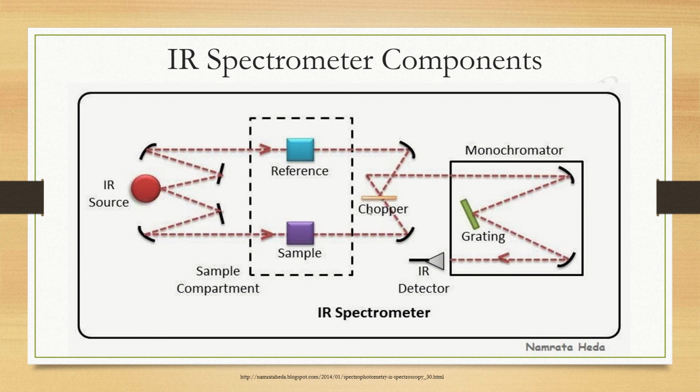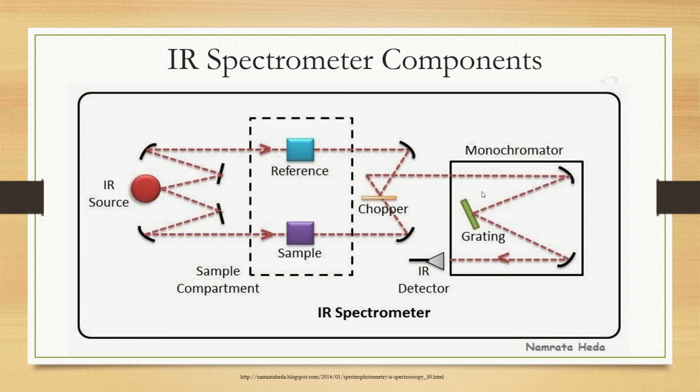Okay, so from this chopper the beam goes again towards the mirror, either reference or sample. Now from the mirror it gets refracted towards the grating. I have already told you about the grating.